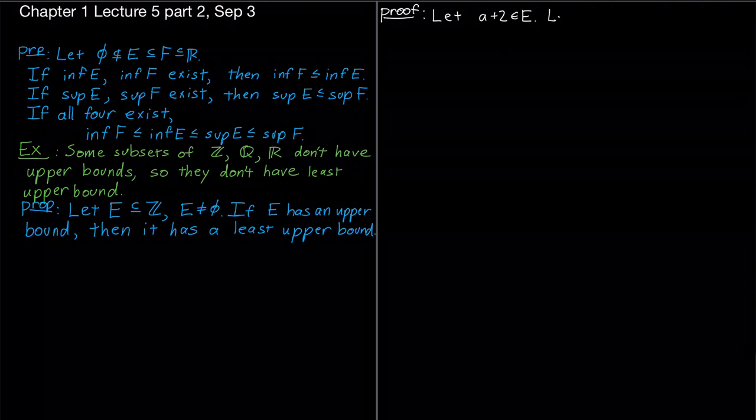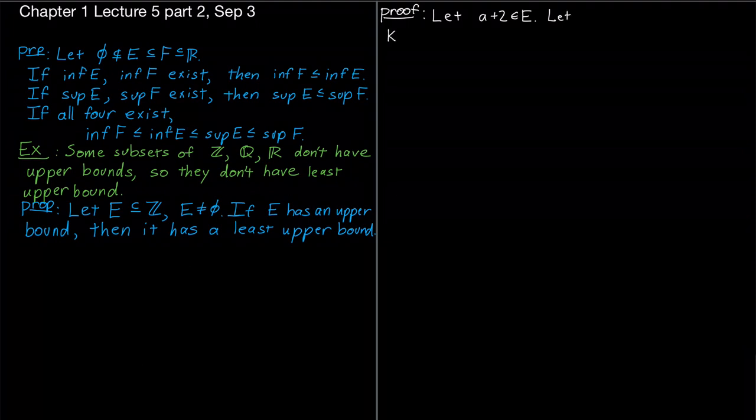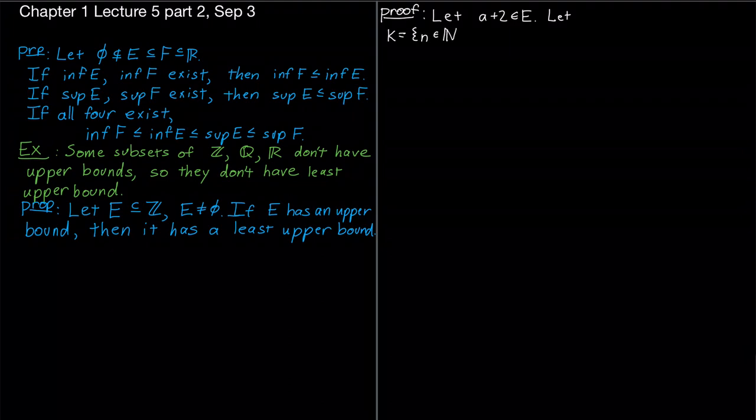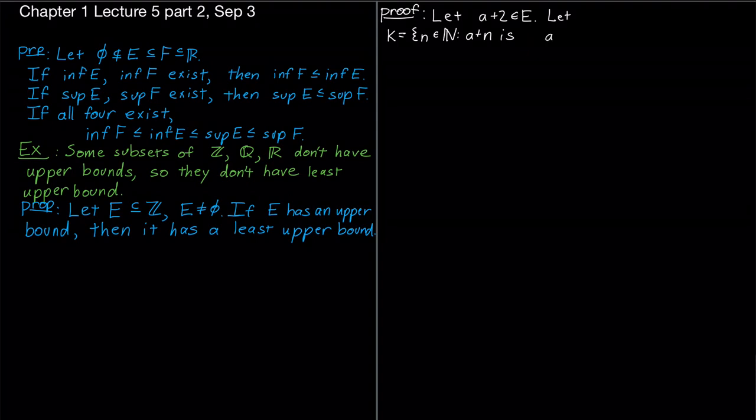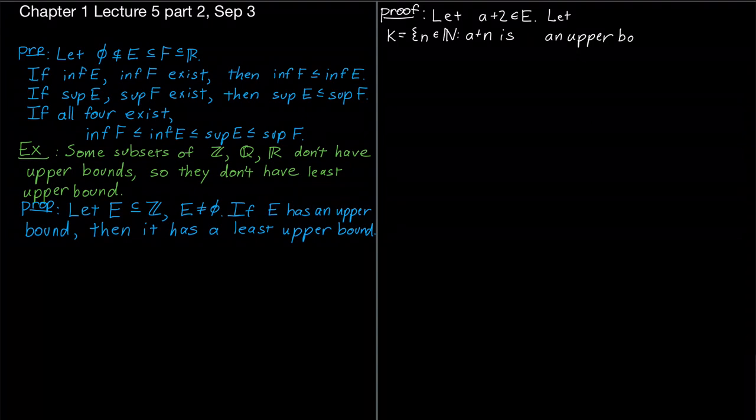And let's let K be the set of all natural numbers such that A plus n is an upper bound for E. Actually, let's make it the set of all natural numbers such that A plus n is not an upper bound for E.